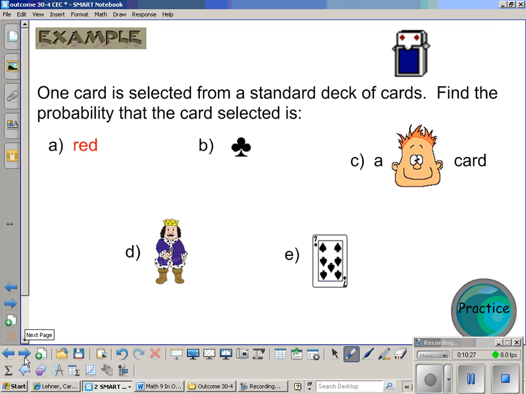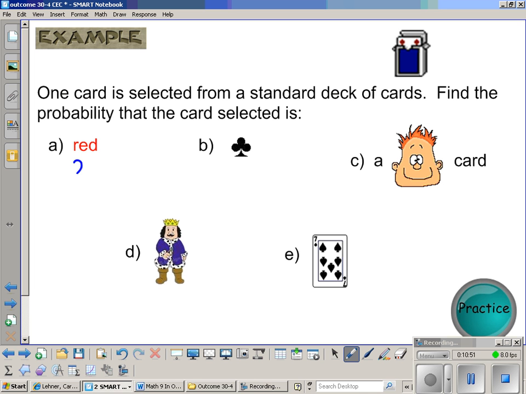If we think about a standard deck of cards, there are 52 cards in this deck, and they're separated into 4 suits. If you are not familiar with cards, you may want to pull out a deck of cards to have them out there and look at them to see what all occurs. Find the probability that the card selected is red. So red are hearts and diamonds, and there are 13 of each of them.